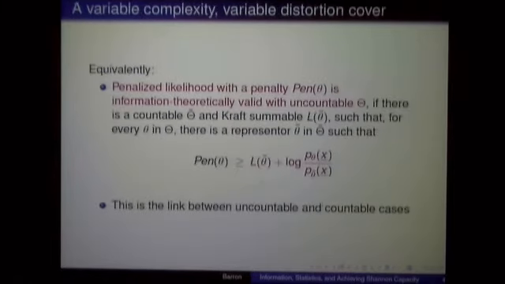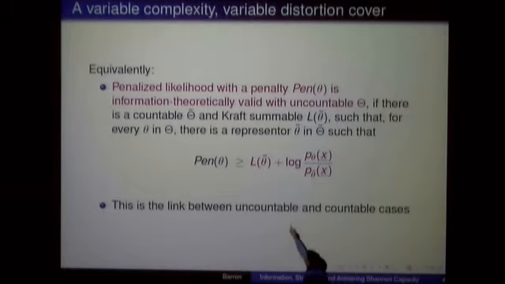That's equivalent to saying, can you ask an information theorist or a mathematical statistician to find for you, for your favorite penalty, a property that for every theta there is, first, a countable theta tilde set, such that for every theta there is a representer theta tilde, such that your penalty is bigger than the description length plus the log ratio of likelihoods.